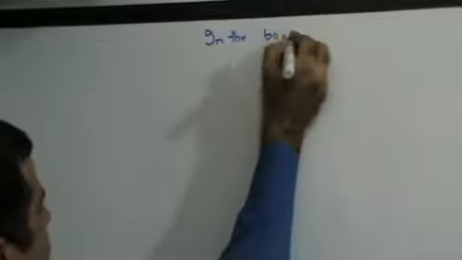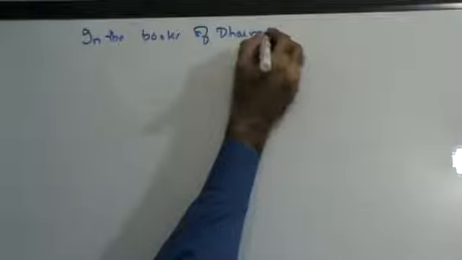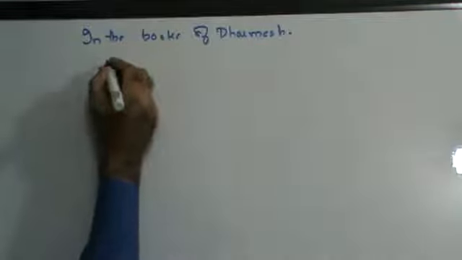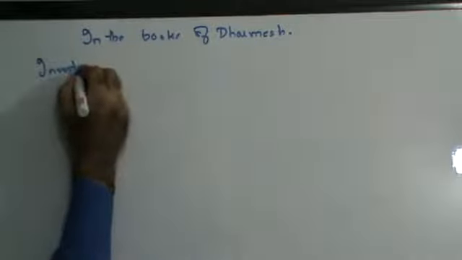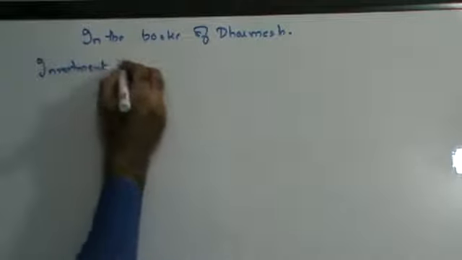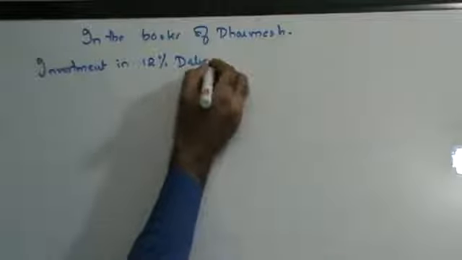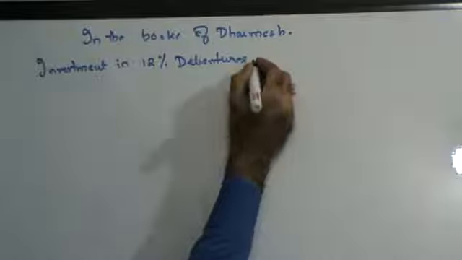In the books of Dharmesh, 12% debentures account, investment in 12% debentures of Shiva Limited.